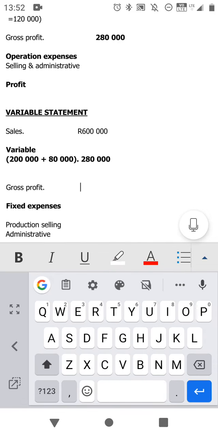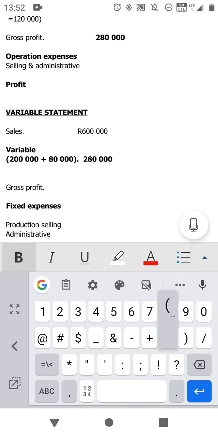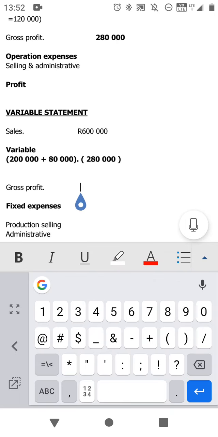Then remember this one we have to deduct because it's an expense. Then 600 minus 280 gives us 320.